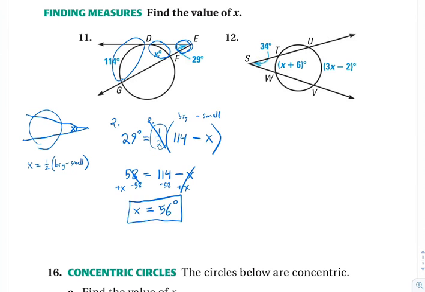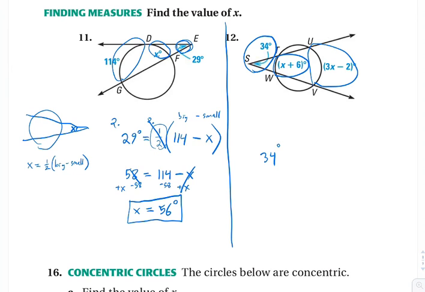Okay. On the next one, again, it's that same relationship, but now they just give us multiple things with x's. We still get that the angle is equal to 1/2 the big arc minus the small arc. So the angle 34 degrees is equal to 1/2 the big arc. And let's actually use rectangular brackets.